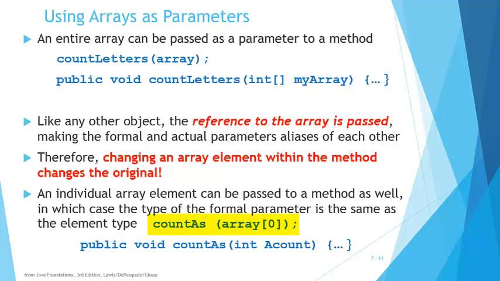Note the sample call to method countAs using just the first element of the array, array sub 0, as the argument. This lines up with the countAs singular int parameter that is named acount inside countAs method.